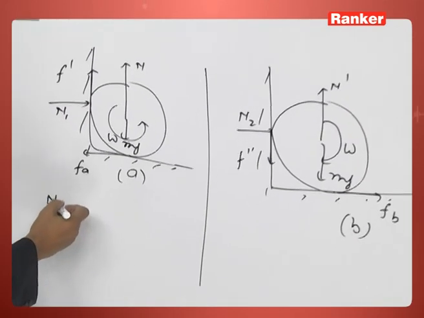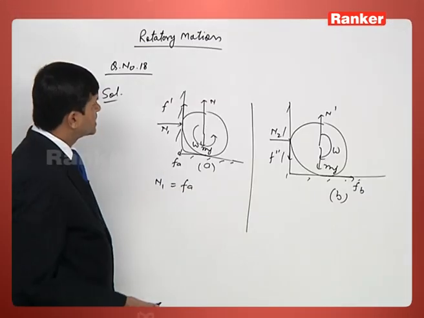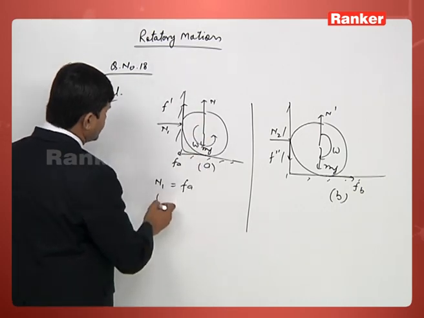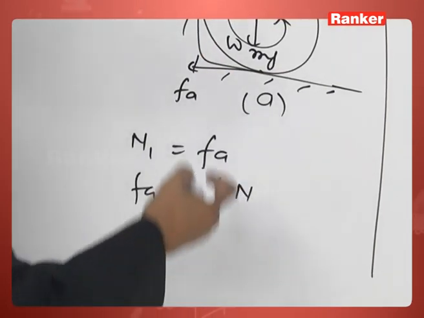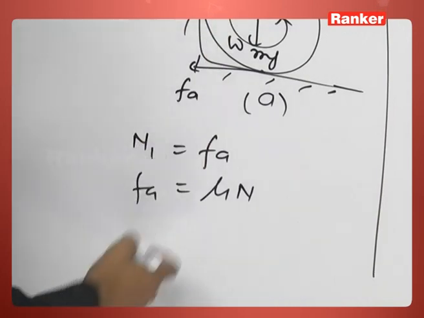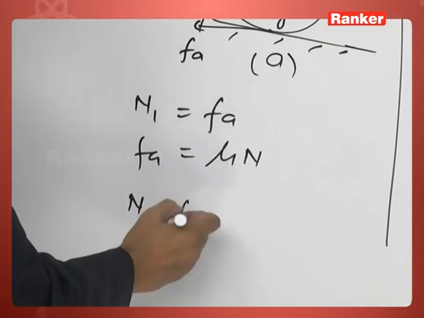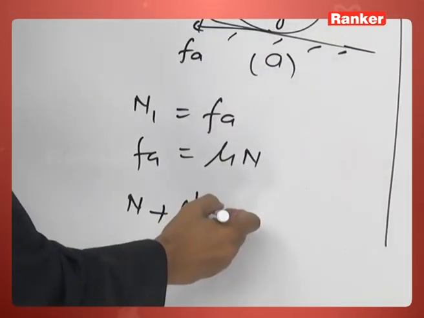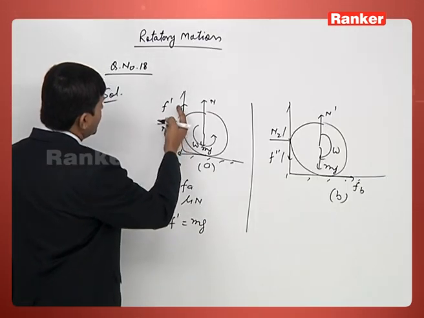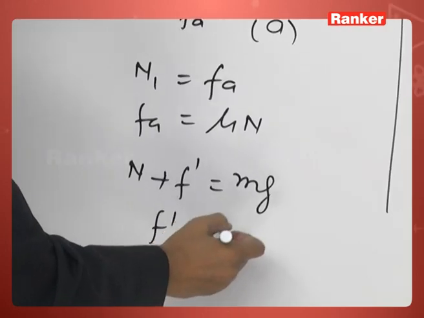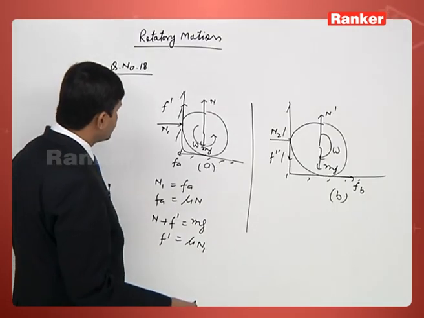N1 is equal to Fa, because there is no motion in the horizontal direction, and Fa is mu into N. Another equation for the vertical direction: N plus F dash upward, and downward mg. And the fourth equation: F dash is equal to mu into N1. These are the four equations we are getting.